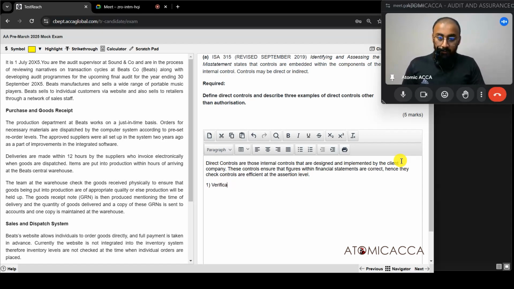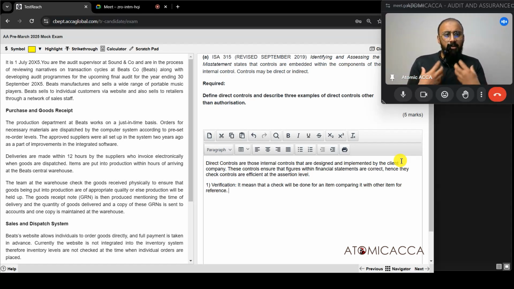So verification. What does verification simply mean? You look at one thing, you compare it with another thing and see whether this is in accordance with this. This is called verification. So explain it in your own words. Verification means that a check will be done for an item, comparing it with another item for reference. This is basically what verification is.